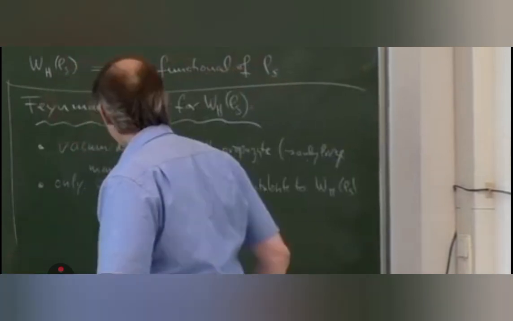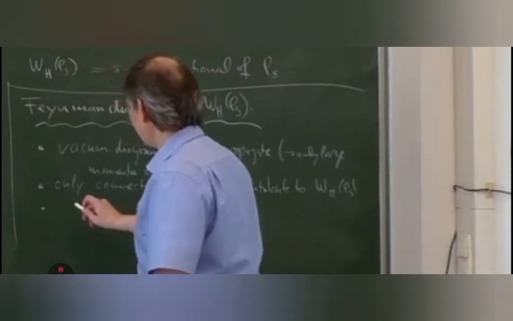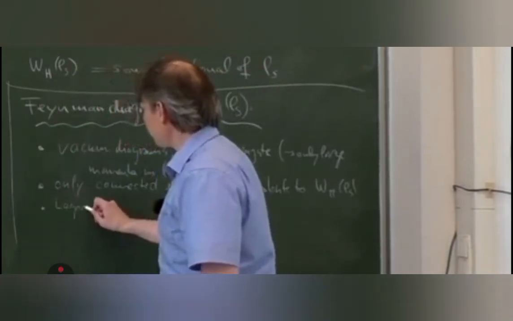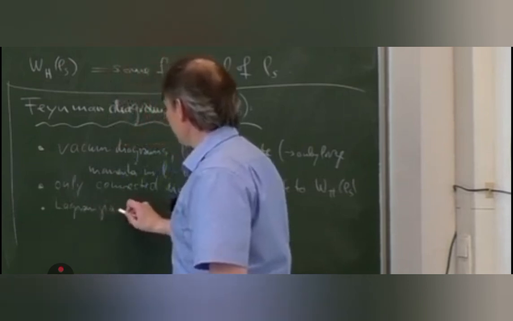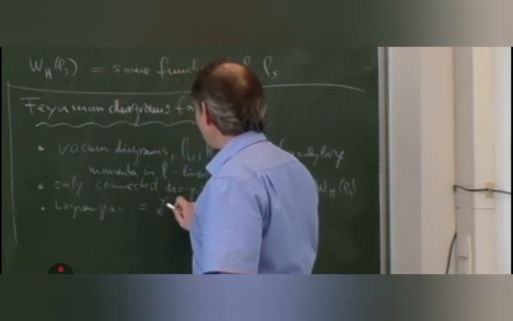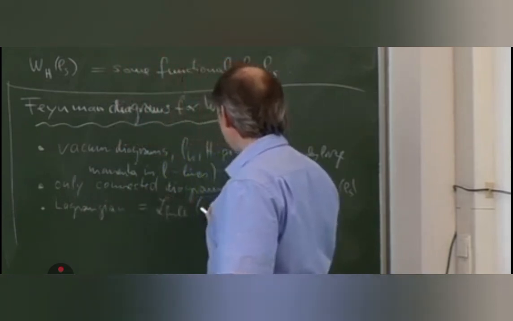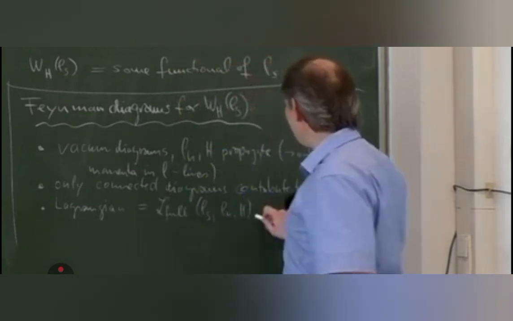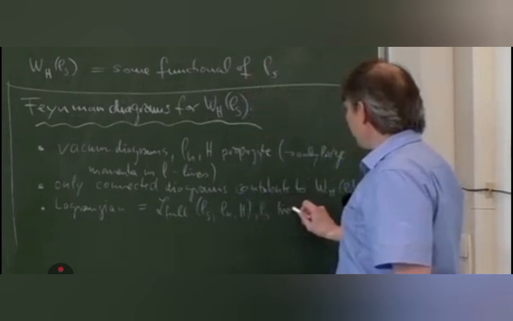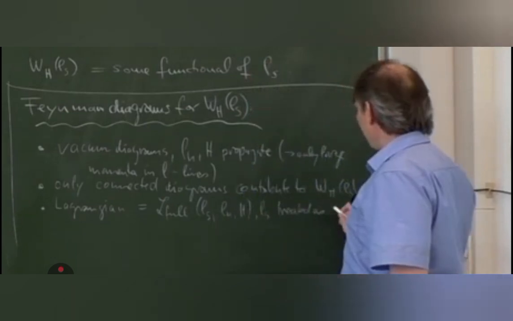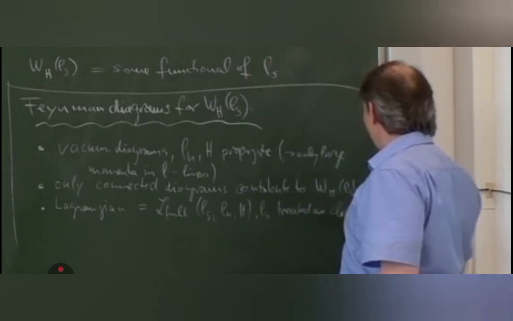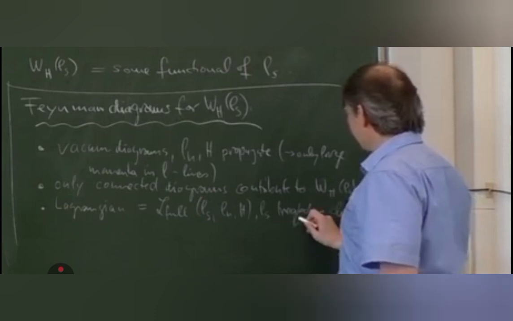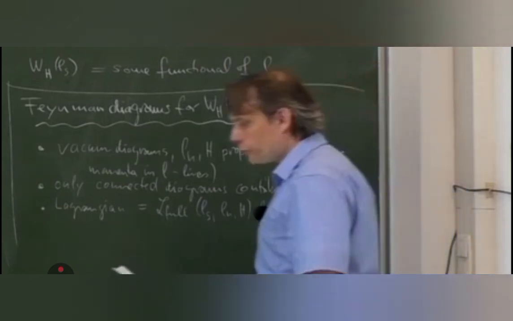The Lagrangian is L full of LS, LH, H. LS is treated as a classical field with a fixed value, that is.